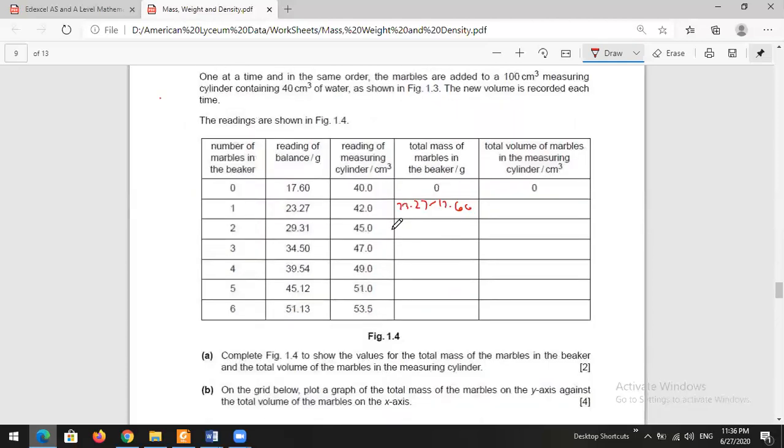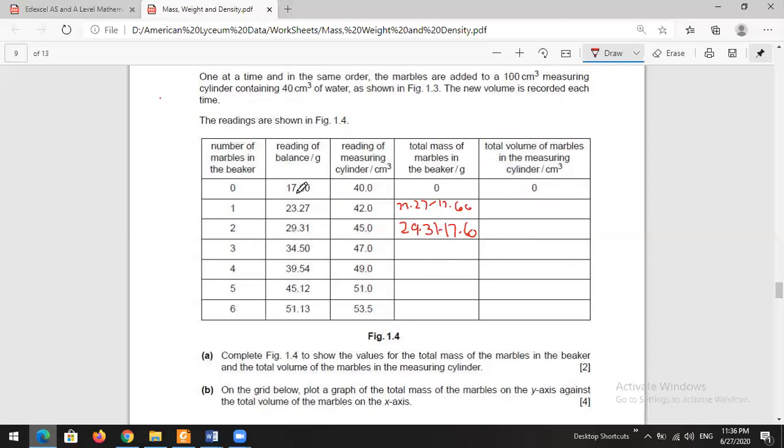Similarly, if we want to calculate the mass of 2 marbles, we just subtract this 17.60 from 29.31. You just have to write the answer in the spaces given. Clear? No need to show these subtractions, just write the answer of these differences.